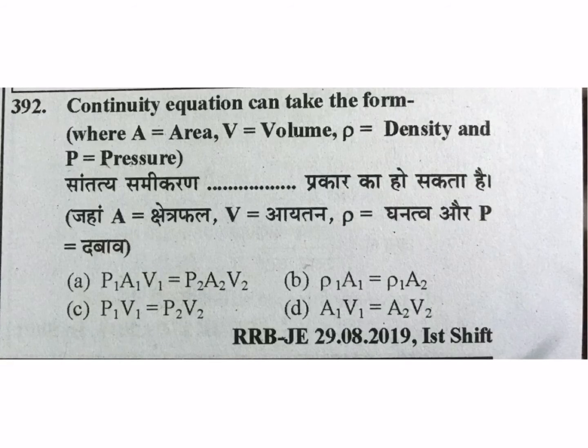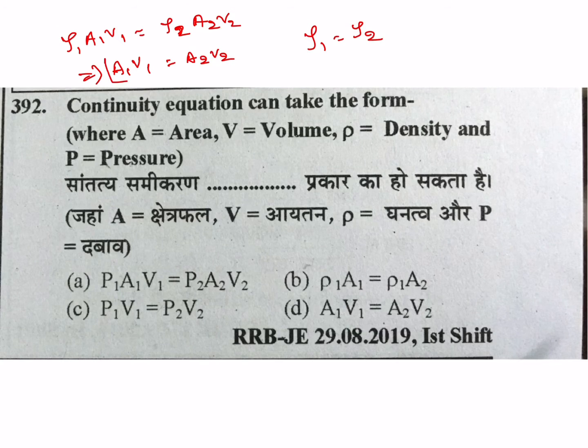Next question, RRBJ question. Continuity equation can take the form. So continuity equation, rho 1 A1 V1 equal to rho 2 A2 V2. If fluid is incompressible, rho 1 equal to rho 2, then you can use this one, A1 V1 equal to A2 V2.